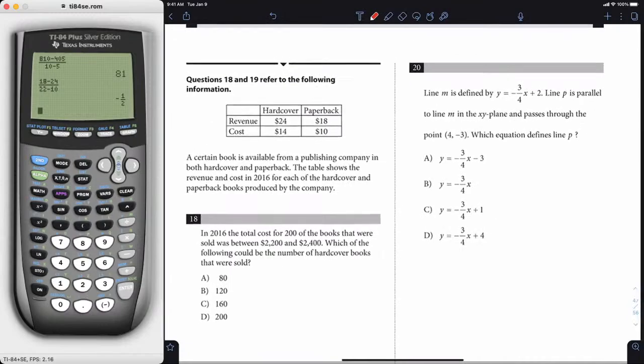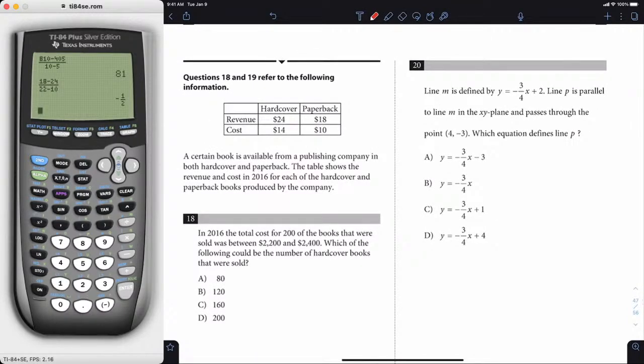So I like that. All right, a certain book is available from a publishing company in both hardcover and paperback. The table shows the revenue and cost for each hardcover. Okay, in 2016, the total cost for 200 of the books that were sold was between... I don't know. I don't like this. Okay.